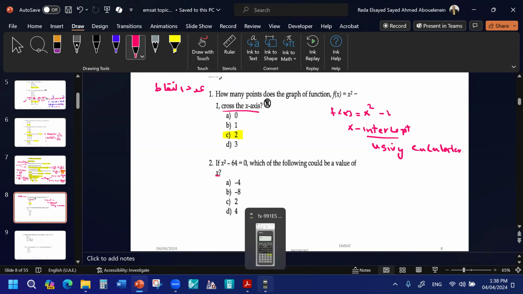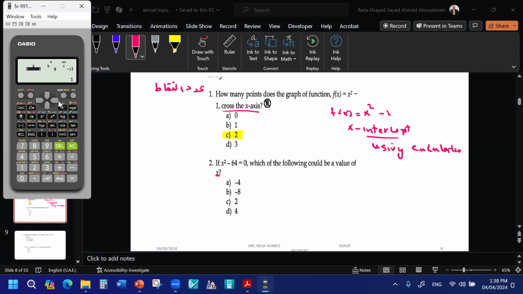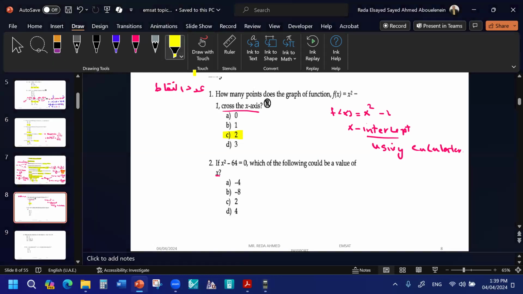Mode 5, 3, this is 1, and there is no x term, so write 0, and negative 64 as well. So the result will be 8 and negative 8. Of the options, there is only negative 8.